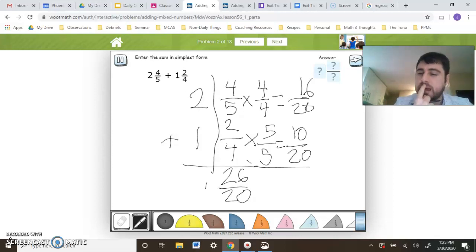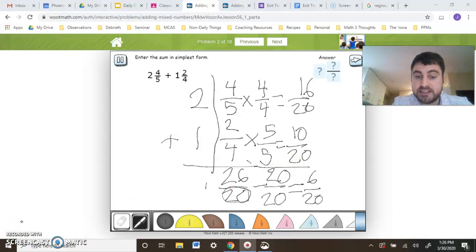What do we need to do now? That's right, subtract 1. What is 1 equal to here? Oh, that's right. It's equal to our denominator over itself. 26 over 20 minus 20 over 20 is 6 over 20.